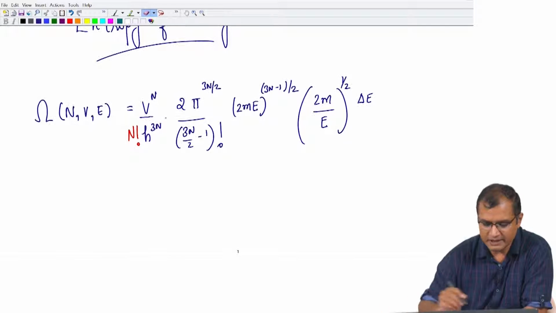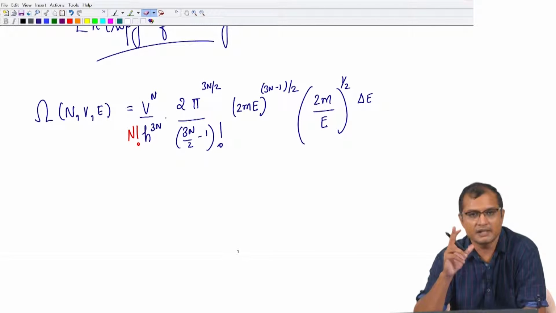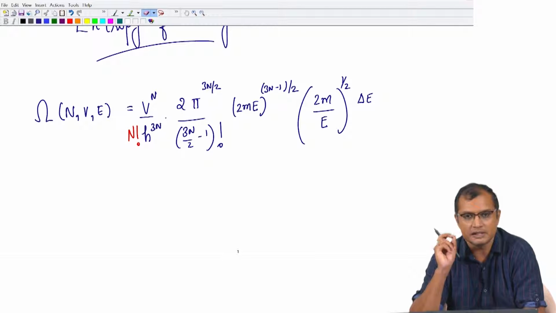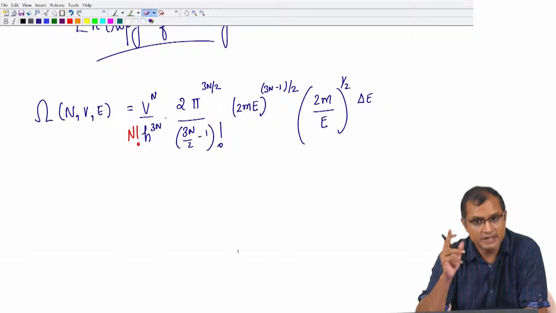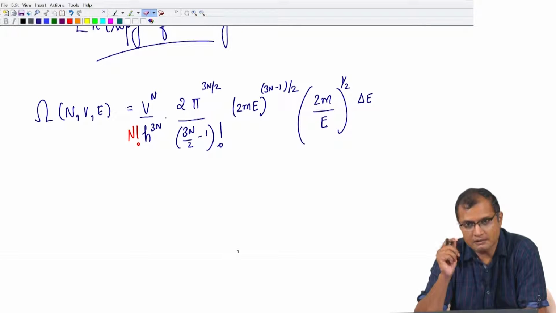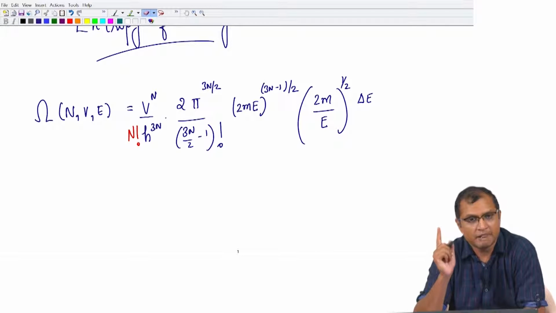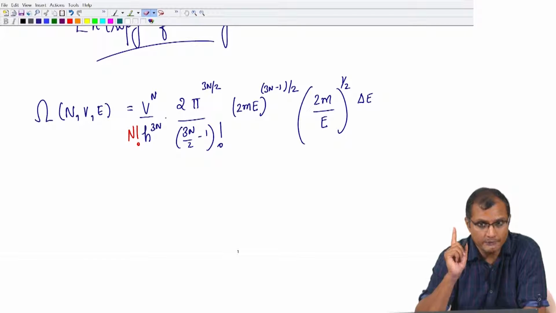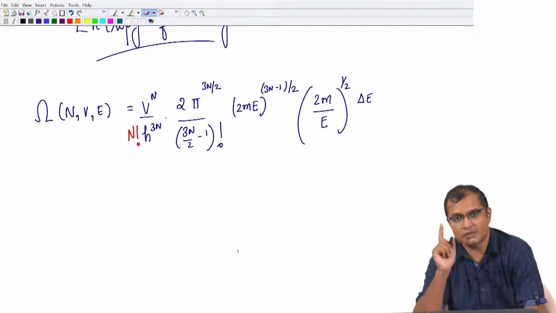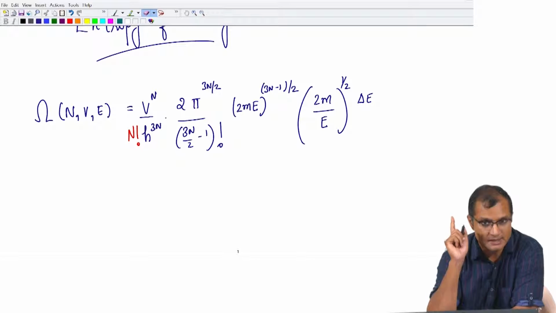And we remarked that the N factorial here purely stands for the fact that the particles of a gas are indistinguishable, and hence for each microstate there was a serious overcounting by a factor of N factorial, that is the number of permutations you can do with N objects.